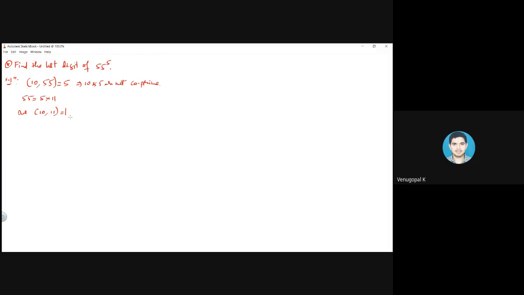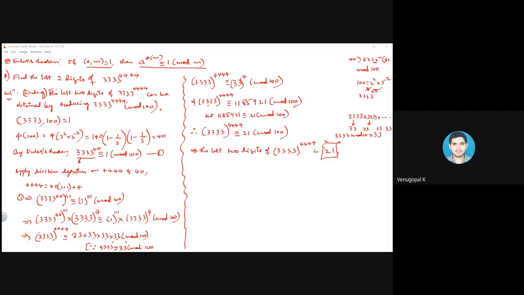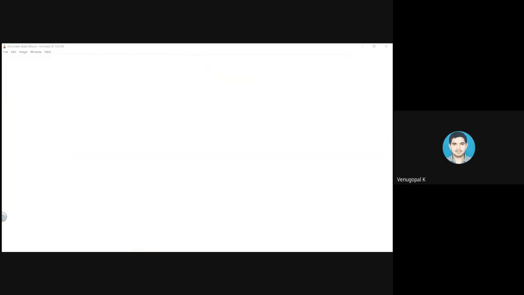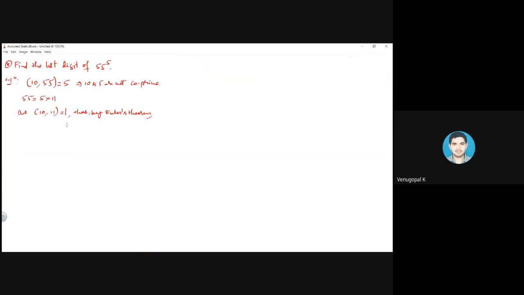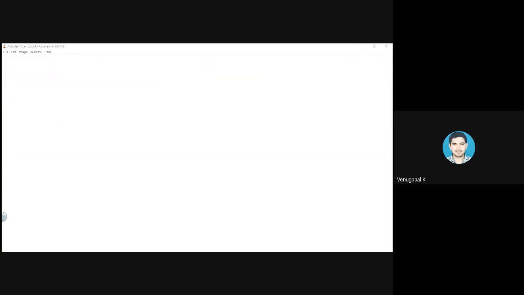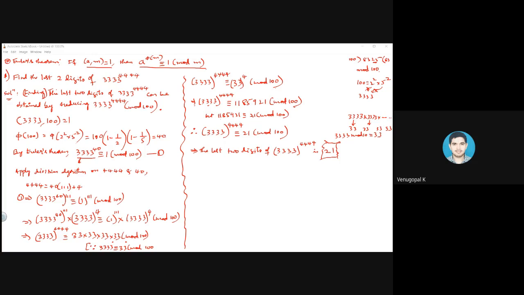Thus, by Euler's theorem, what does the theorem tell? A power phi of m is congruent to 1 mod m. What was the base in the previous question we took?